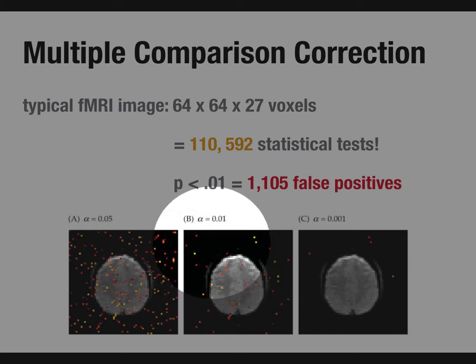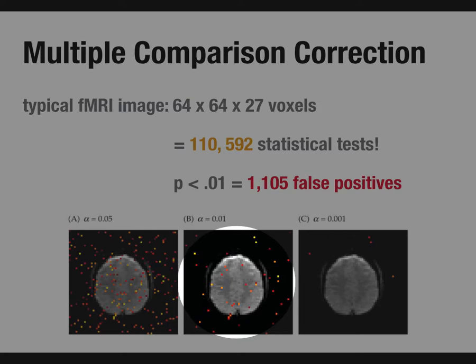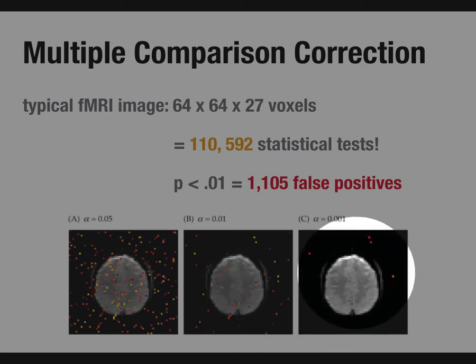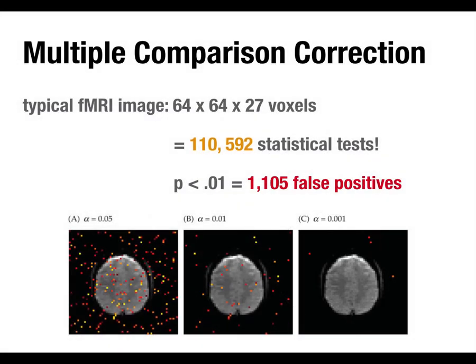And as you increase the threshold to 0.01, again, conservative by typical psychological standards, still pretty noisy. Seeing anything at all is a problem, certainly outside the brain. And then at 0.001, now we're maybe a little more conservative, but still a few false positives.